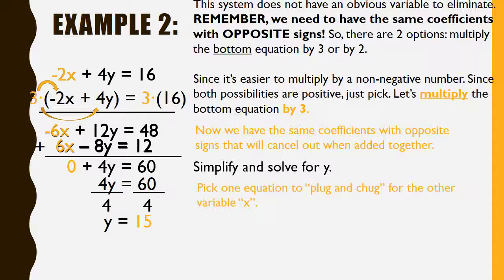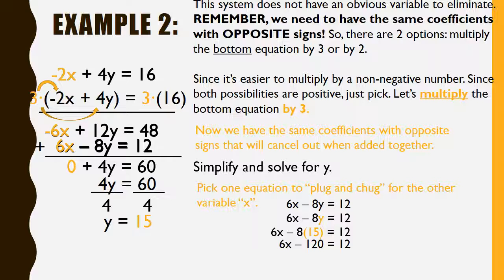Let's find the x. So pick one of the equations and plug and chug it. So I'm going to choose 6x minus 8y equals 12. I'm going to substitute the y, and I get 6x minus 8 times 15 equals 12. Well, got to do the times first. So 8 times 15 is 120.